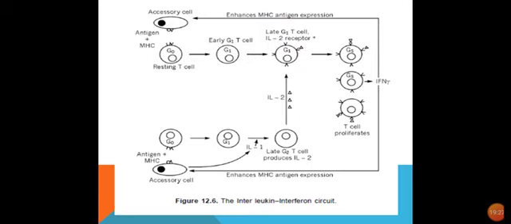Here we can see the interleukin interferon circuit, where antigen-presenting cells present antigens to T cells that are still in G0 state. During this presentation, antigen-presenting cells secrete interleukin-1. Interleukin-1 causes the maturation of T cells from G0 to G1. Then G1 cells begin to express interleukin 2 receptors.